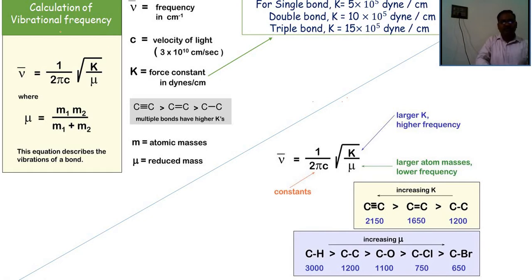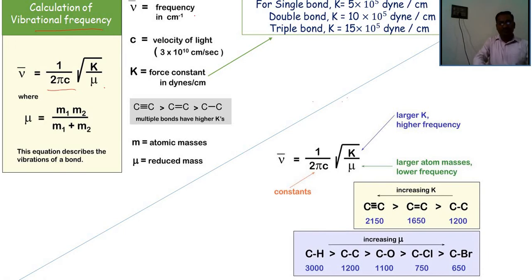How to calculate the vibrational frequency? It is calculated by nu bar equal to 1 by 2 pi c times the root of k by mu. Here mu is m1 m2 by m1 plus m2.